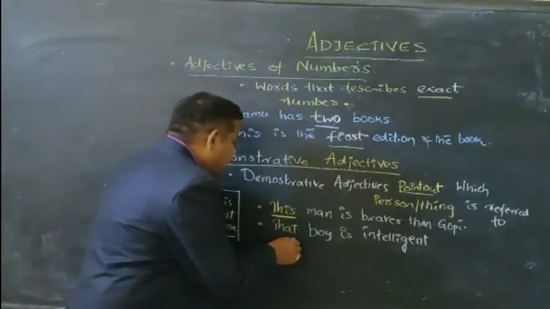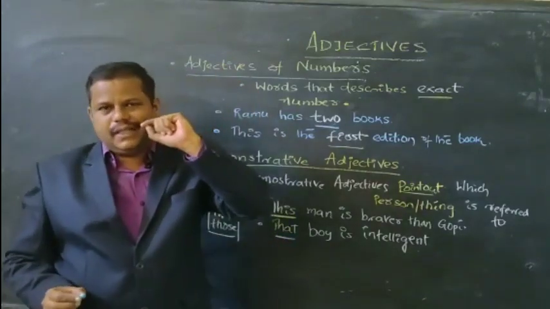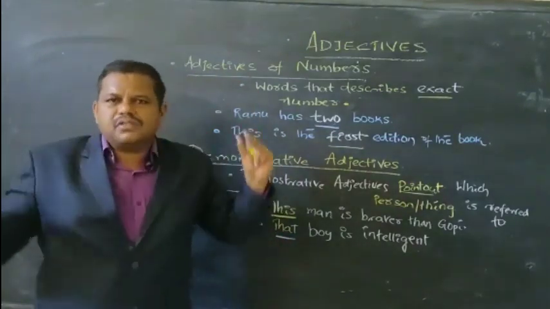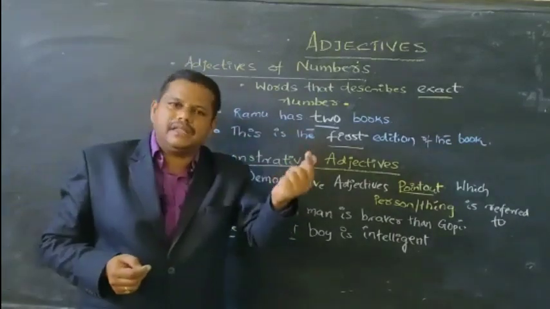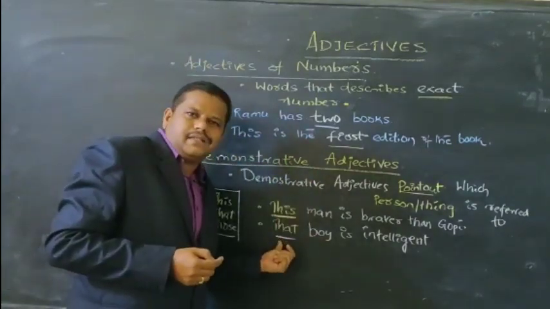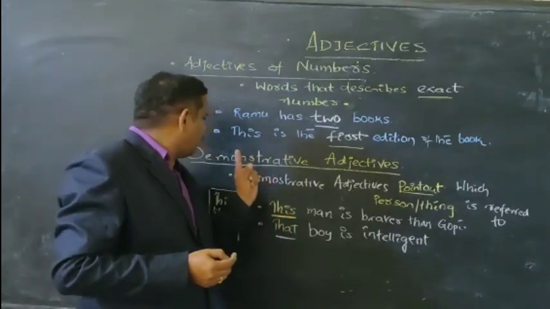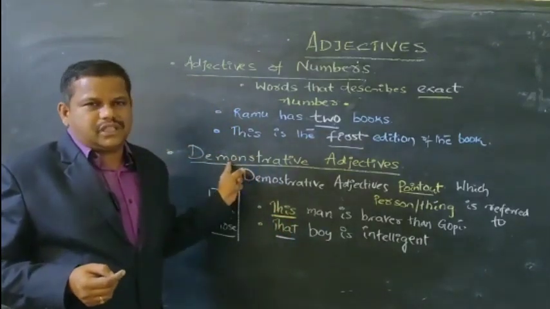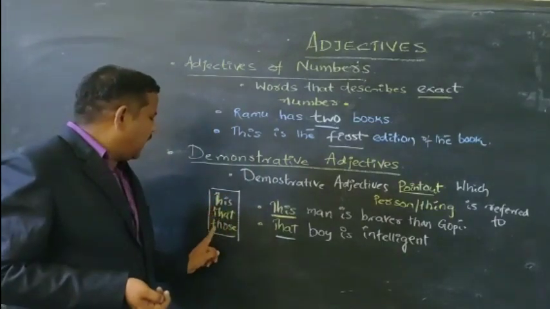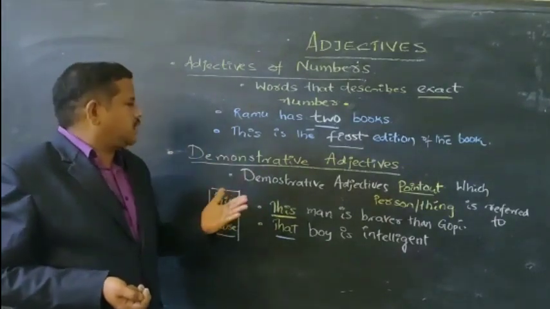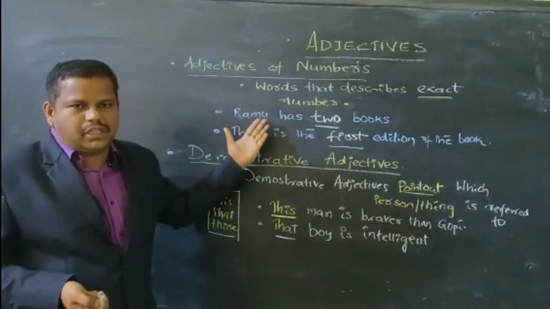In the group of students, he is saying that that boy is very intelligent. So this and that are called demonstrative adjectives. There are three: this, that and those. These three are called demonstrative adjectives.